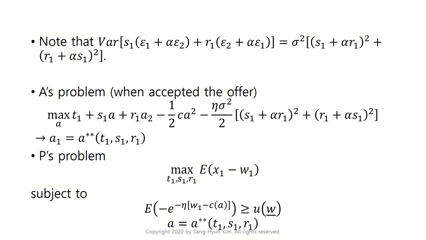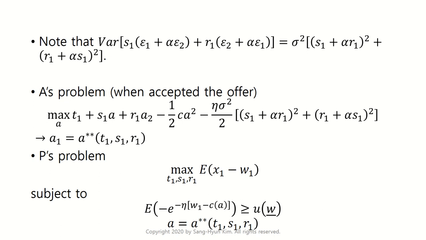So when agent 1 maximizes the utility, agent 1 regards A2 as a constant. So A2 can be ignored, right? And then we just maximize this objective function with respect to A.